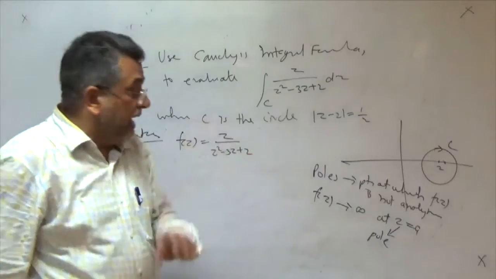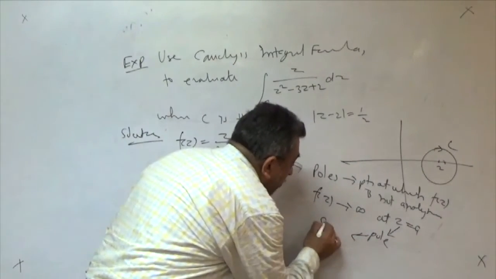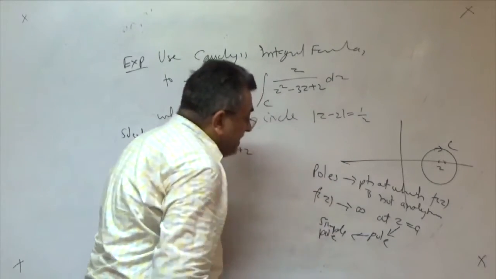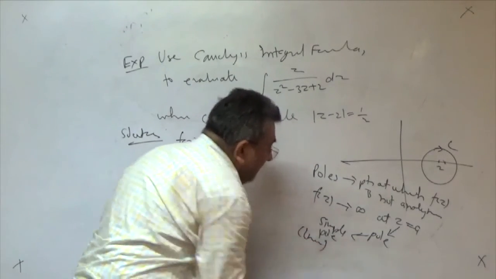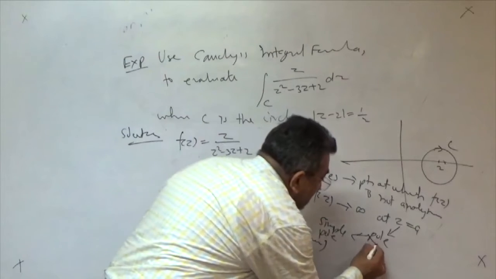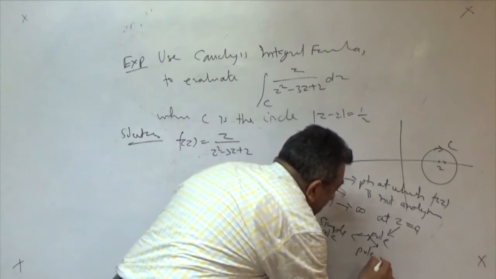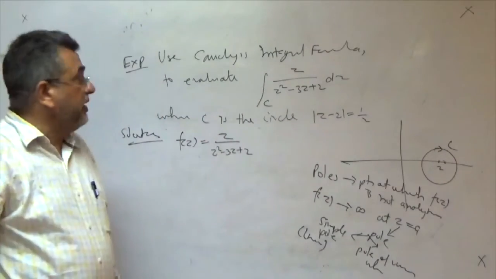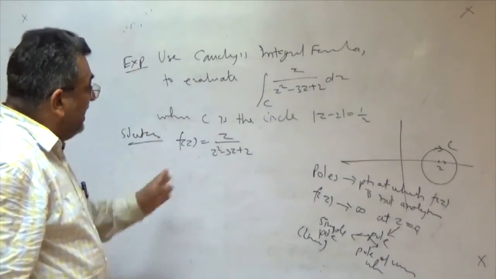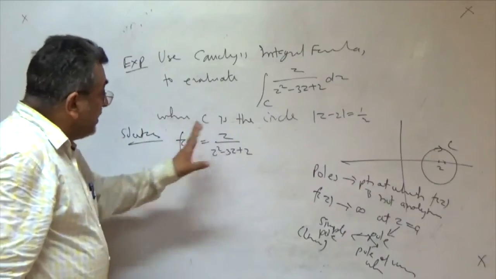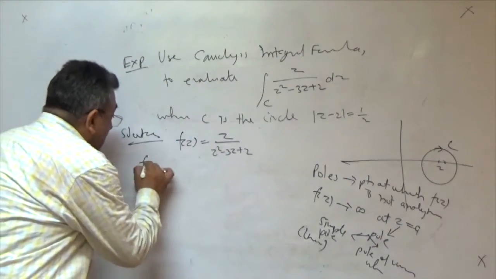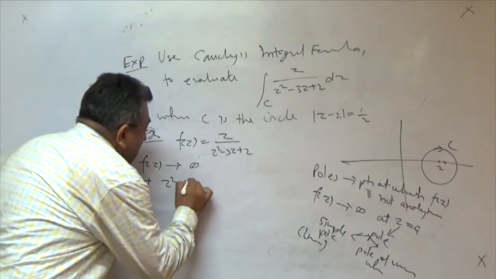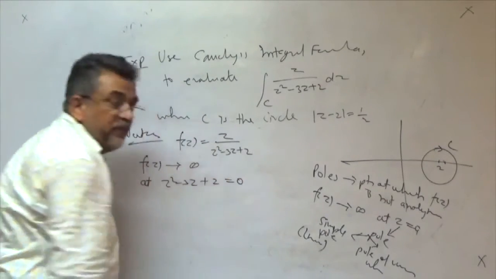And this is of two types. One is a simple pole. Simple pole means the factor is linear. And another is a pole of higher order. If not linear, then higher order. So first we have to calculate what the poles of this function are. Here f(z) tends to infinity when z square minus 3z plus 2 equals 0.